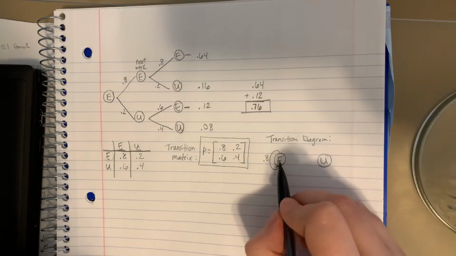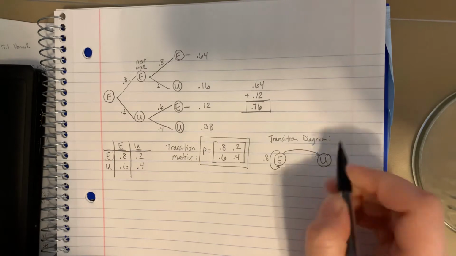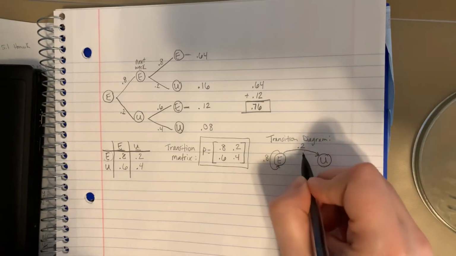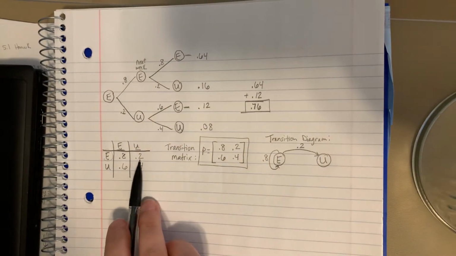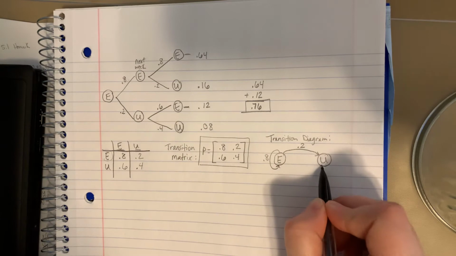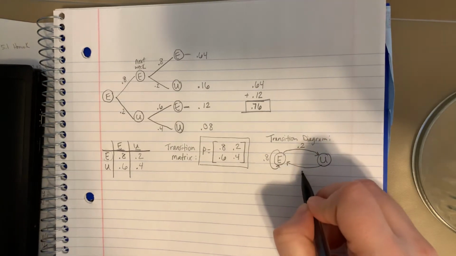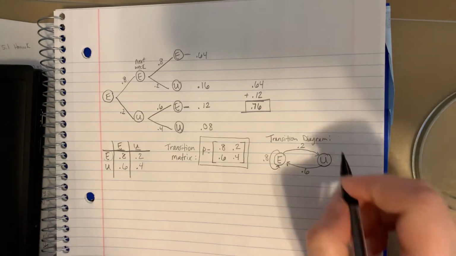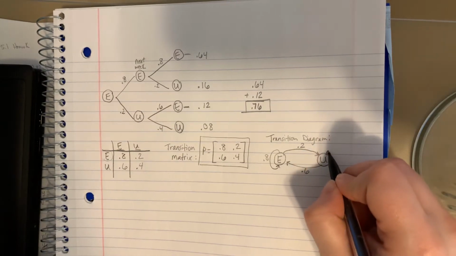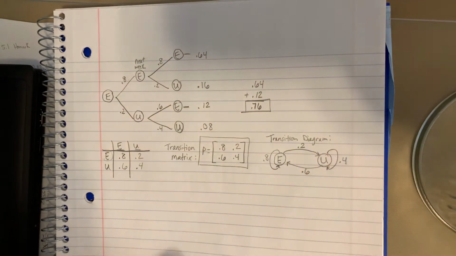If I am employed and then unemployed, that probability was 0.2. So that comes from right here. Employed and then unemployed was 0.2. If I'm unemployed, so starting here, and then employed the following week, that probability was 0.6. If I was unemployed and I continue to be unemployed, that was 0.4.